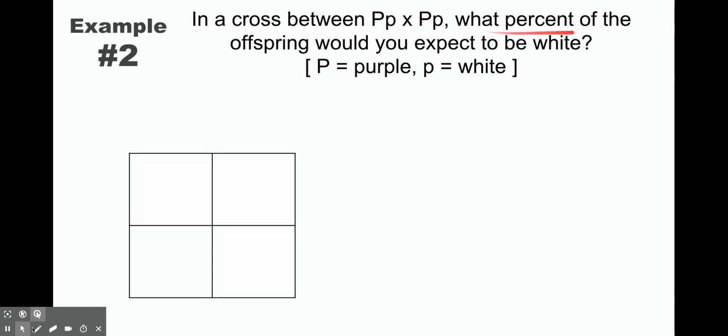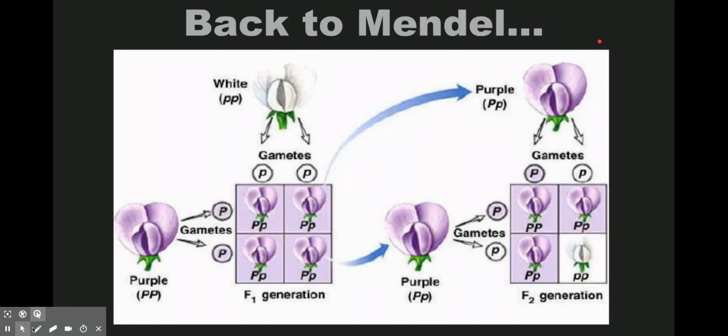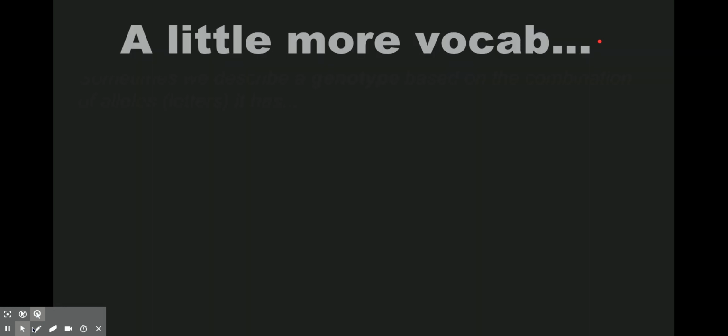What percent did we find to be white in that one? 25%, just like Gregor Mendel found in his studies. So the Punnett squares that we just did were visual representations of Gregor Mendel and the studies that he did. We represented graphically what he just looked at, looking at his flowers, right? So, kind of cool.